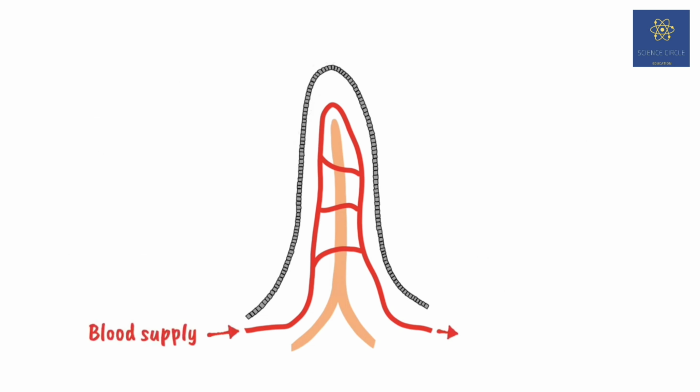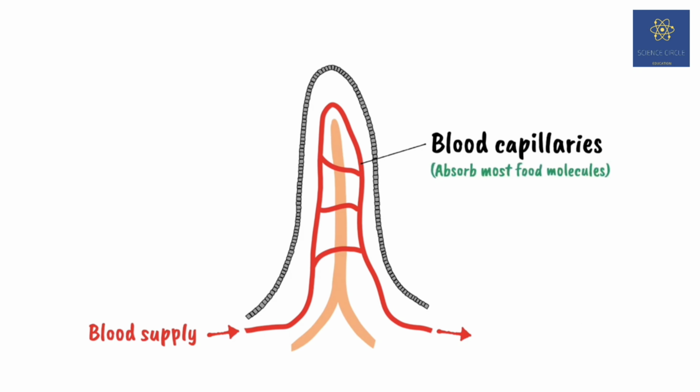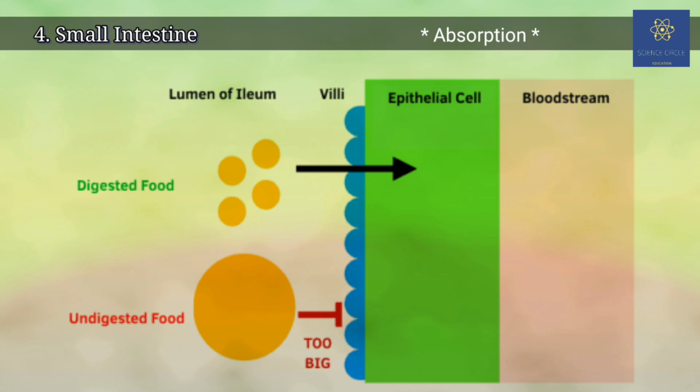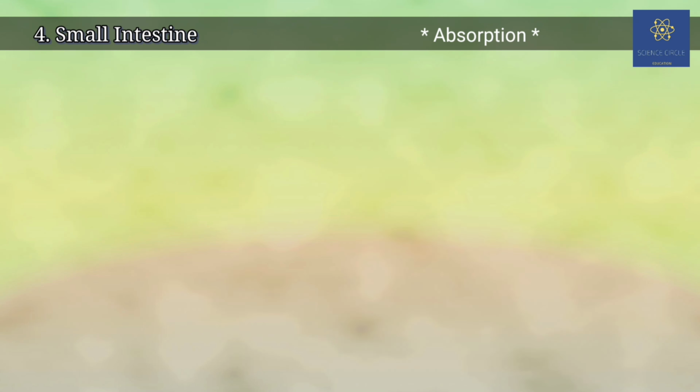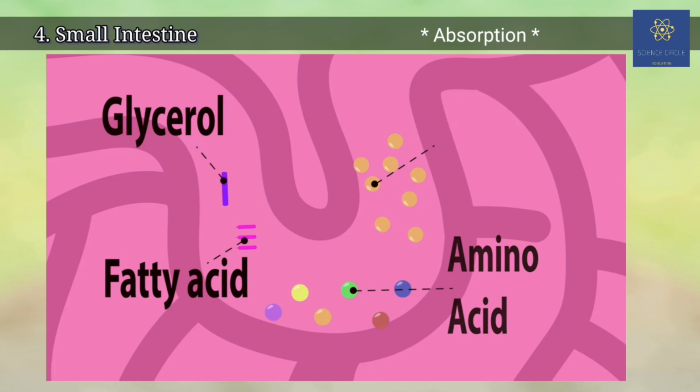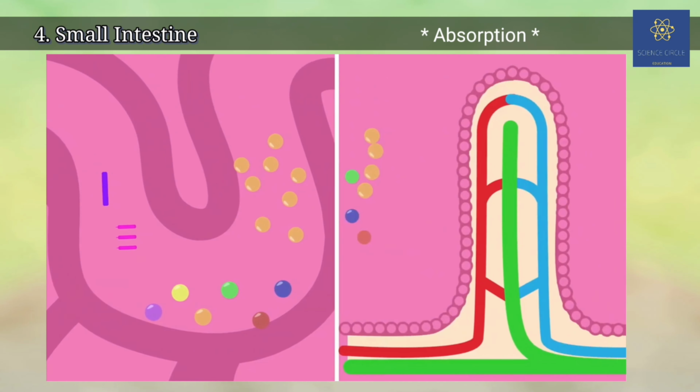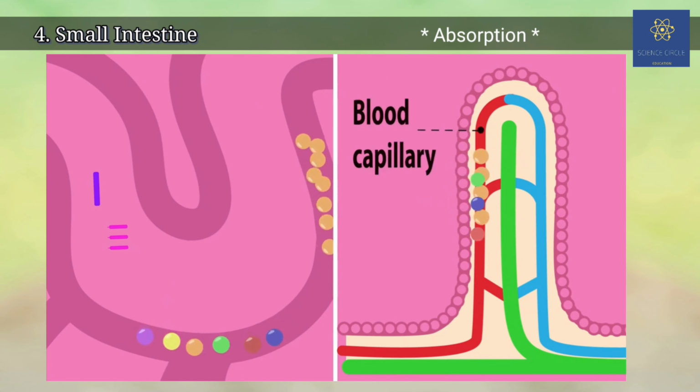Each villus has a good blood supply called blood capillaries, and there is another structure in each villus called the lacteal. Small molecules like fatty acid, glycerol, glucose and amino acid can pass through it, but large molecules are unable to pass through it. The food molecules are transferred from the central space of the intestine into the villi.